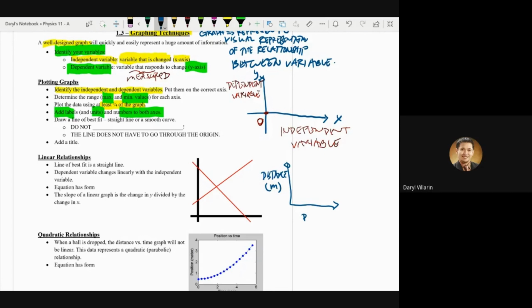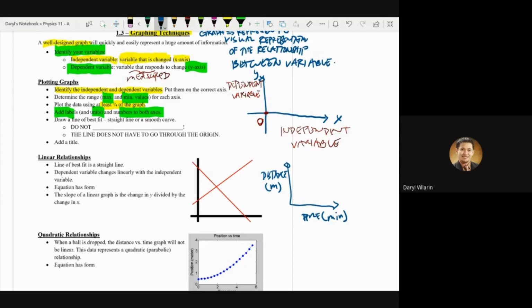Take note that the unit is placed in brackets. For my x-axis, since time is my independent variable, I place time, and the unit should be in minutes, again inside brackets.